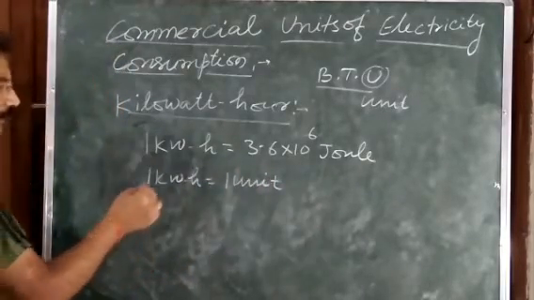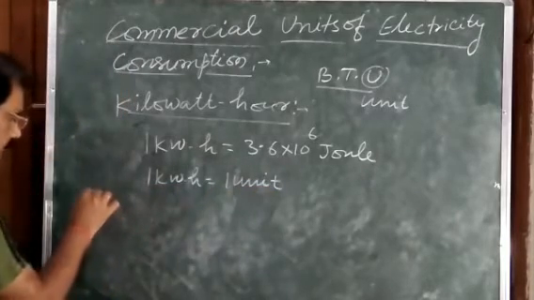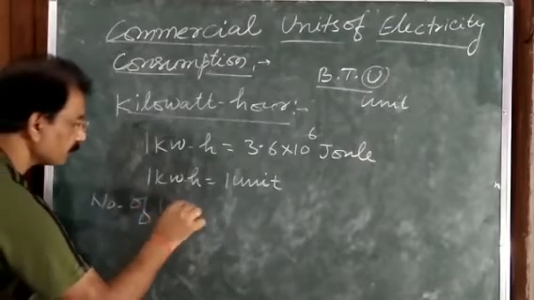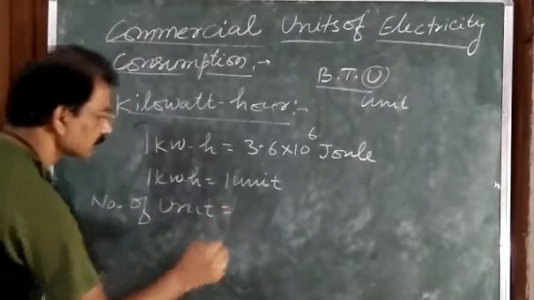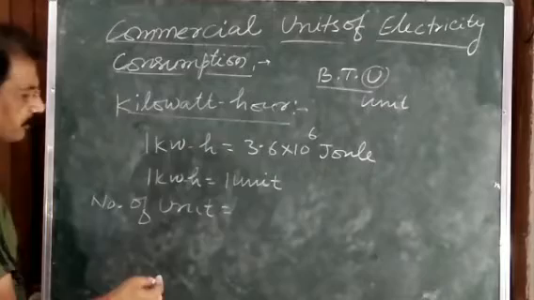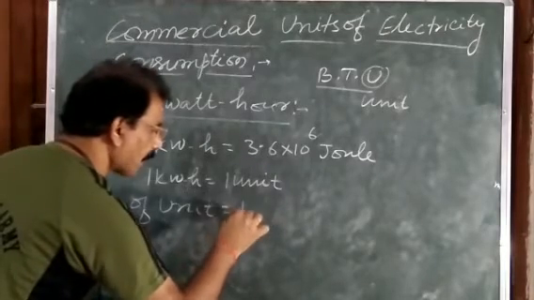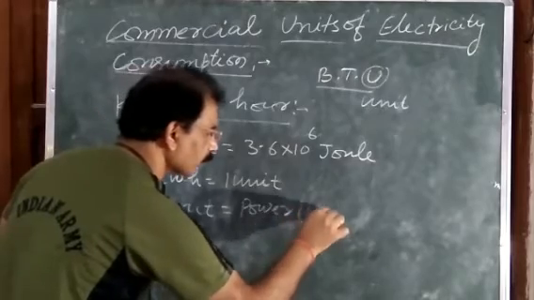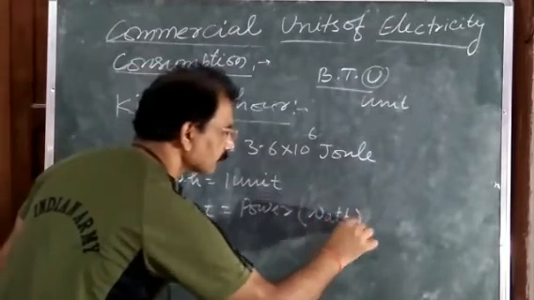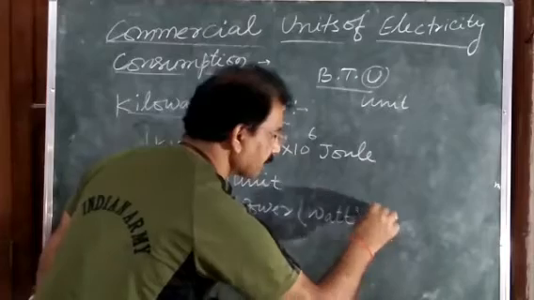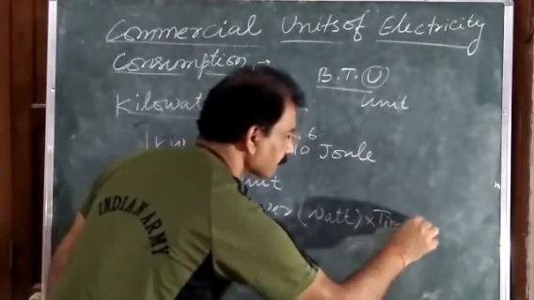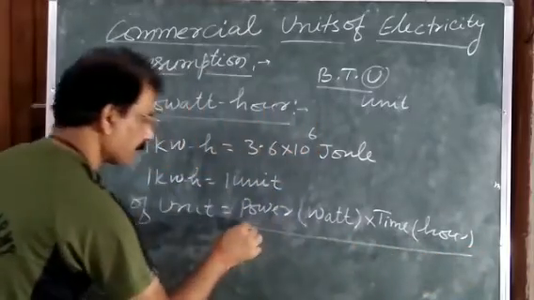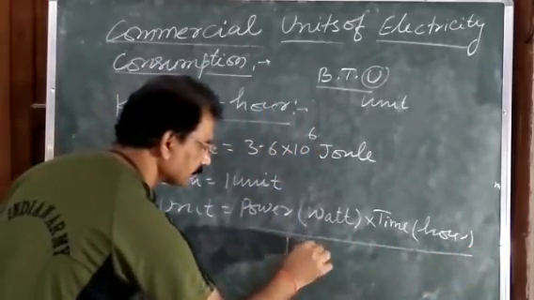Now, the number of units consumed by any electrical appliance is equal to power, that power is measured in watt, into time, that time is in hour, upon 1000.